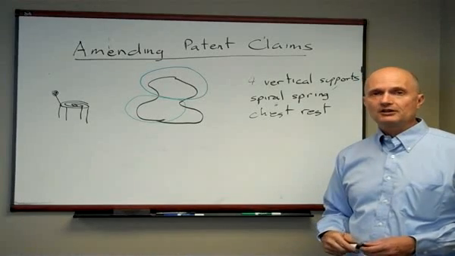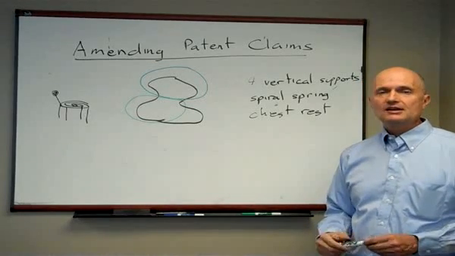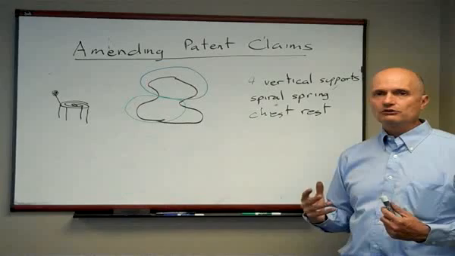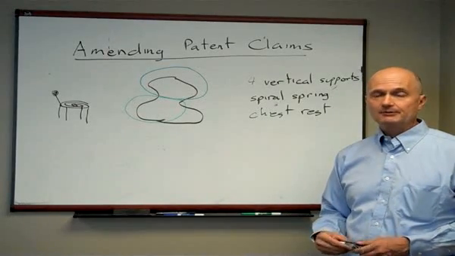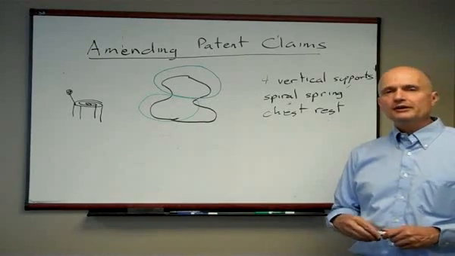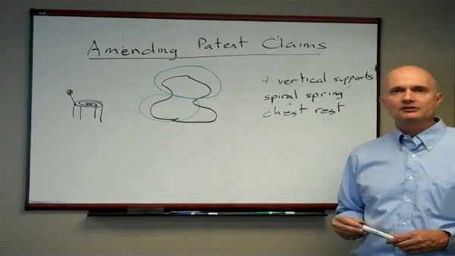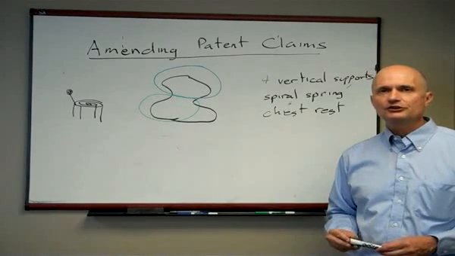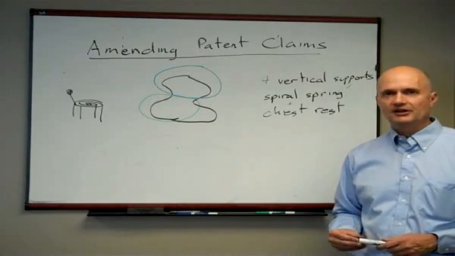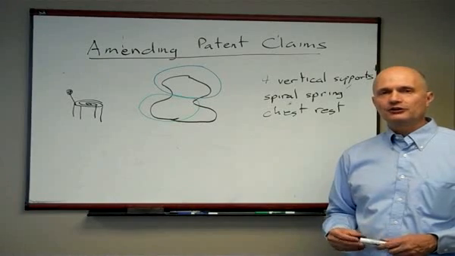Now, when you do amend a claim in the United States, it's considered that you've done it, and usually you do, to be able to get the patent claim allowed. So you can amend your patent claims, but if you do, at least in the United States, there's one potential downside to that, and that is something called the Doctrine of Equivalence.